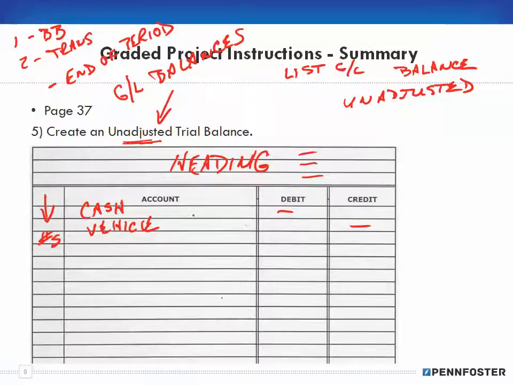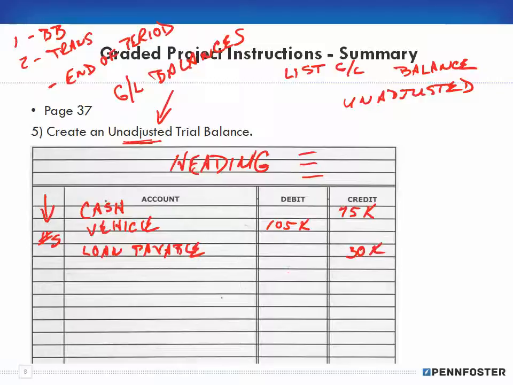So when I create my unadjusted trial balance, my vehicle balance would have been a debit of 105,000. My cash I had used as an example of 75,000, and loan payable I had a balance of 30,000.